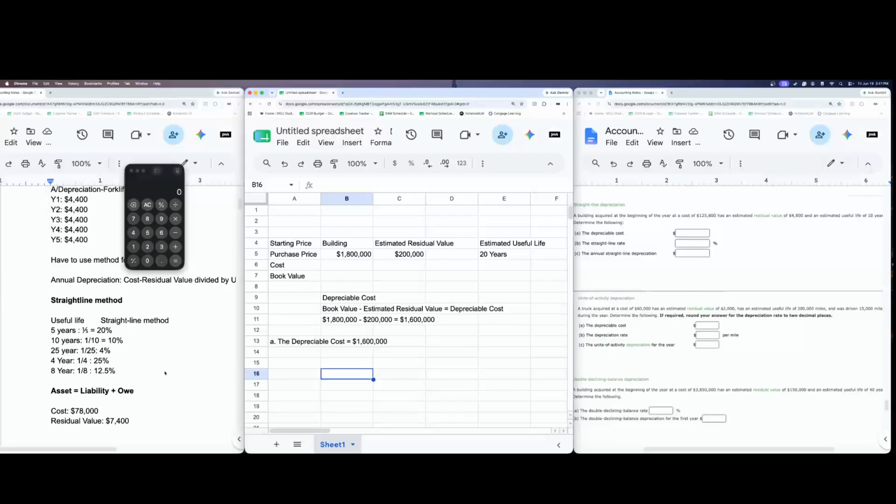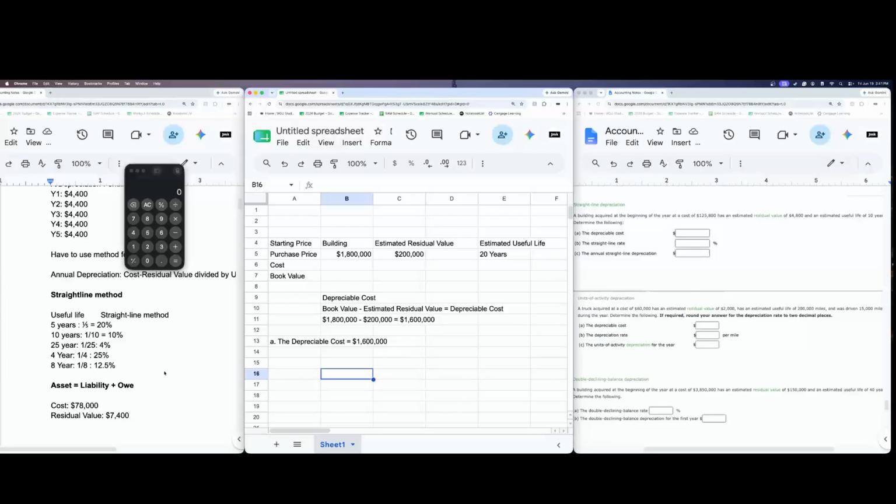So to calculate the straight line method, you first have to look at the useful life. The useful life of this building is 20 years. So then you have to ask yourself, after 20 years, 100% of the depreciable cost, because for certain methods, like double declining, you don't depreciate the depreciable cost, but rather the book value.